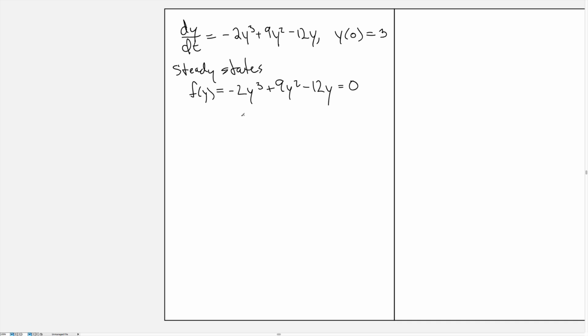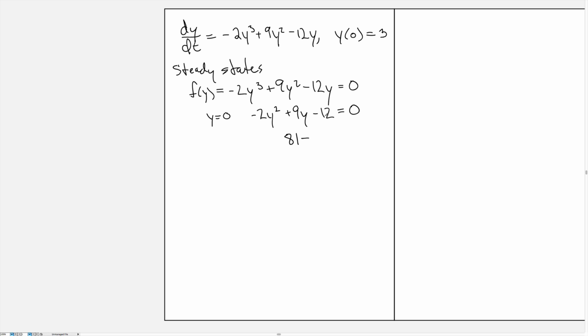So here we have a y throughout, so we can factor out a y, and we know that y equals 0 will be one solution. The remaining equation, once we've factored out that y, will be minus 2y squared plus 9y minus 12 equals 0. Now you might want to go through completely and try to figure this out, but if you just look at the discriminant from the quadratic equation, you'll find that b squared in this case is 81.